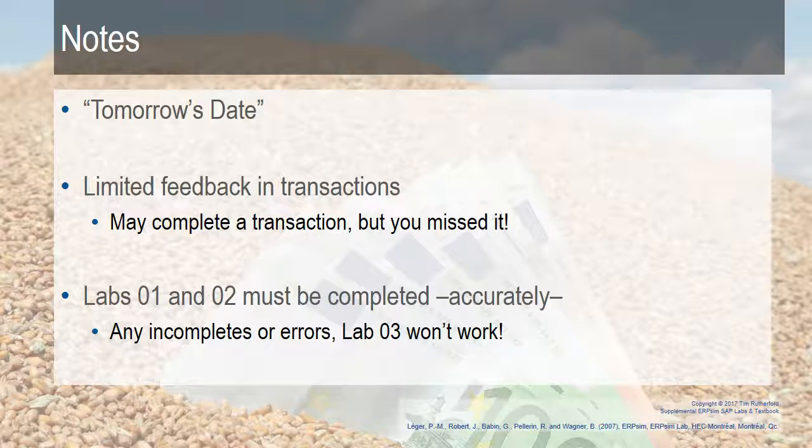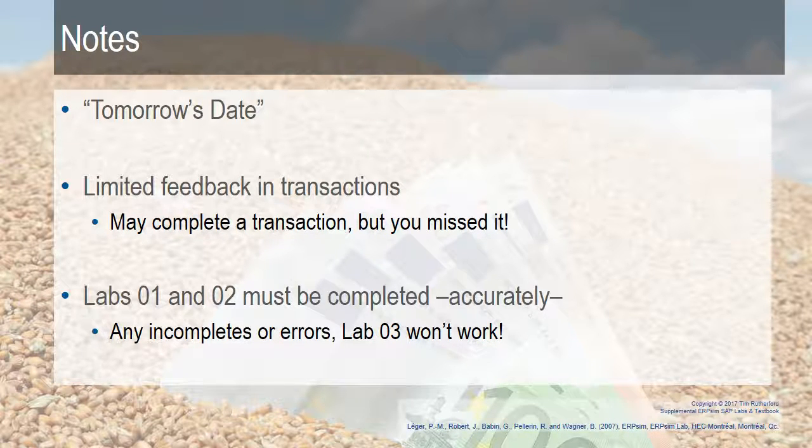Some notes, again, this happens a couple of times within the labs. If you see the warning about tomorrow's date, you're working on this after 5 p.m. Central Time, you may have to use tomorrow's date instead of today's date. There's limited feedback in transactions, so do realize the person who's zipping around doing this all day long is not really interested in getting a big text box popping up saying, this is what's going on.